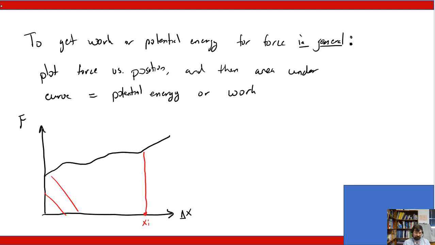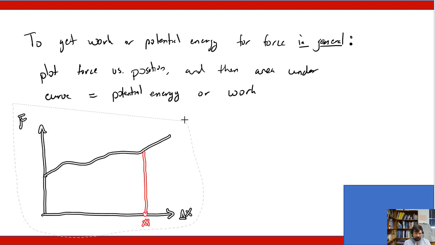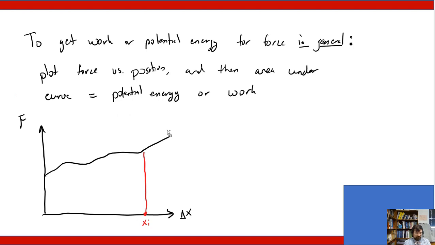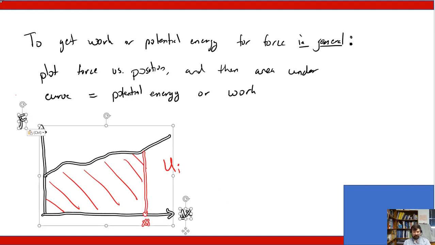This whole area, actually before I do this, let me copy this because I'm going to duplicate it in a minute. This whole area is going to give me the potential energy. So this right here is my potential energy.